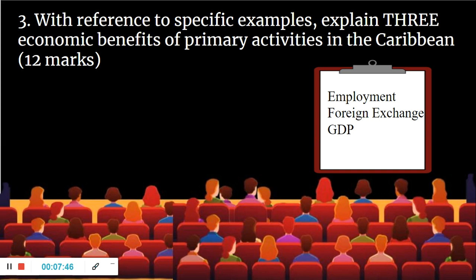Another thing you could say if you're developing that point about employment, you could explain that the more persons are employed within a country, the more spending that will take place. And spending is like the fuel of an economy. It causes an economy to be healthier. All right. So you could develop on the point of employment by explaining why employment provides benefits.